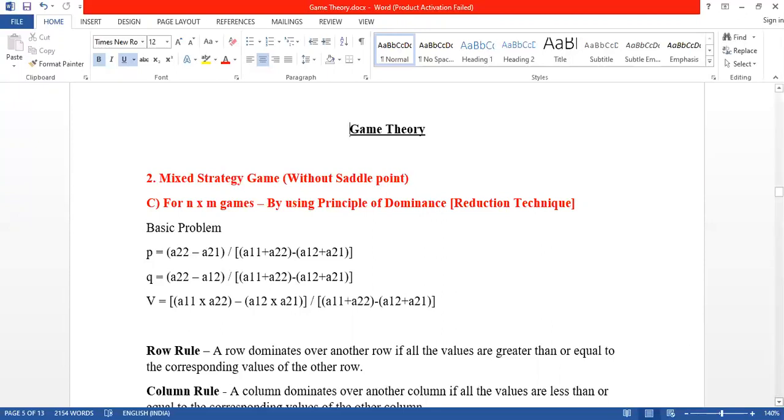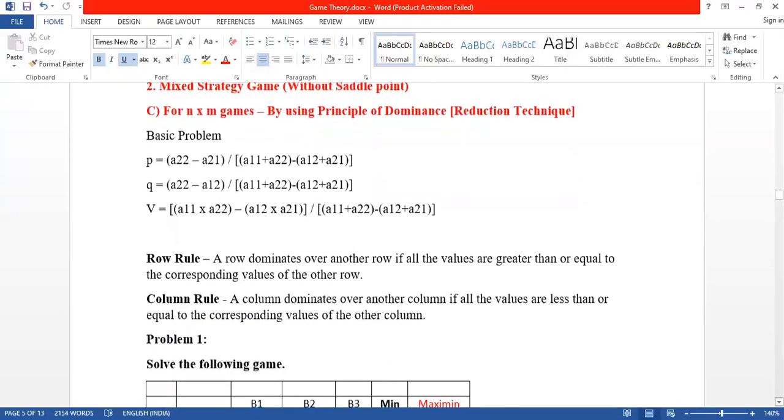So principle of dominance has two different rules, one rule for row and one rule for column. It says a row dominates over another row if all the values are greater than or equal to the corresponding values of the other.